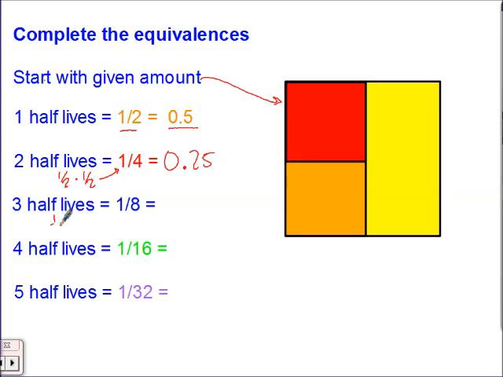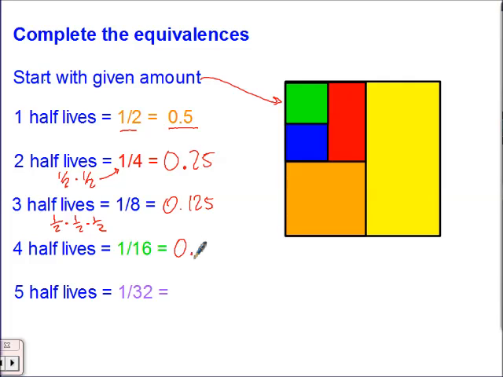3 half-lives is 1 half times 1 half times 1 half. 3 half-lives have passed, which is equal to 1/8 as a fraction, and 1/8 is 0.125. Again, 4 half-lives is 1 half times 1 half times 1 half times 1 half, and when I do that, you can see the green square. That's how much is left.